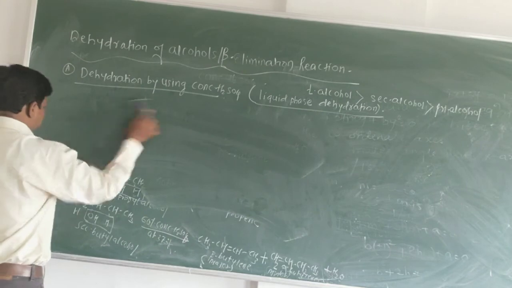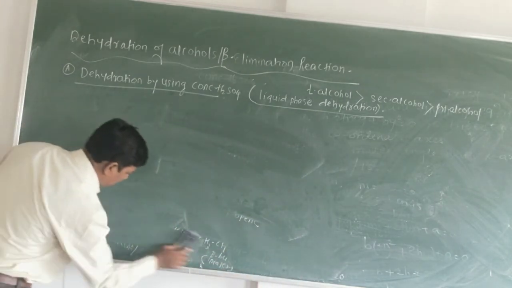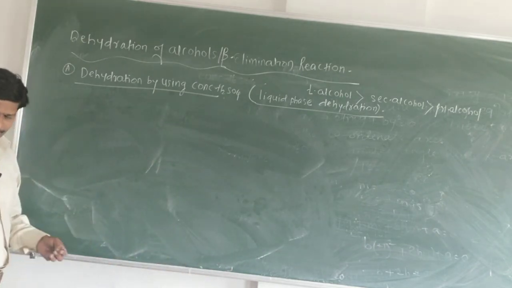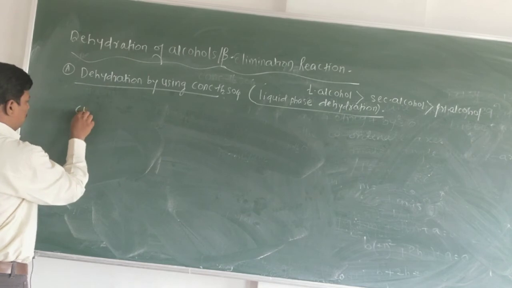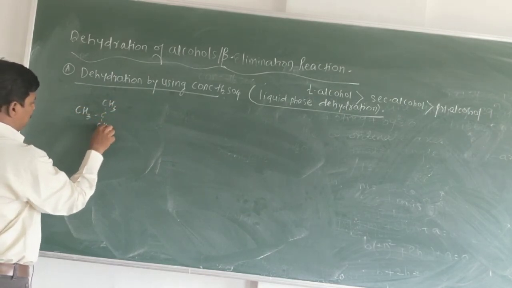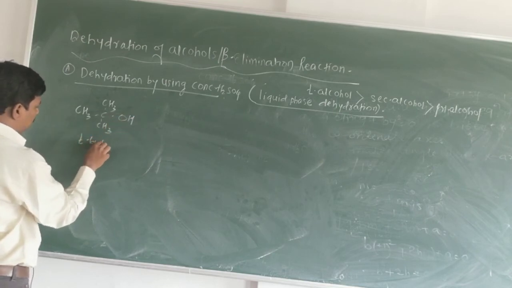Now among the tertiary alcohols, tertiary butyl alcohol is an example. See here, tertiary butyl alcohol: CH3, C, CH3, CH3 and the OH. It is tertiary butyl alcohol.